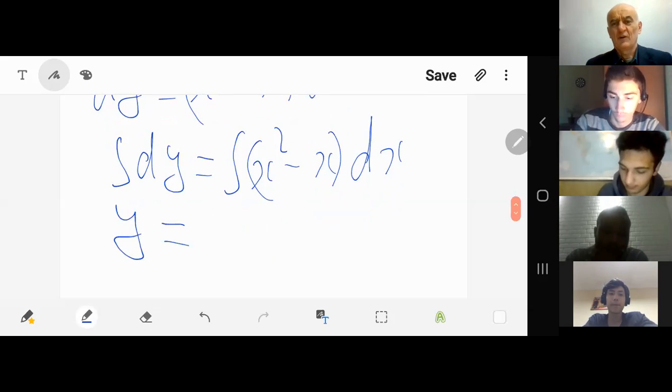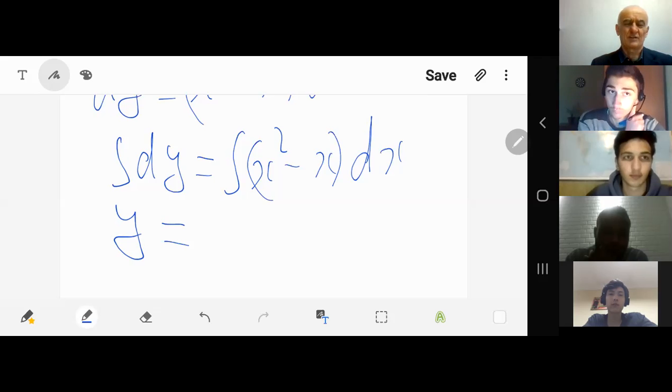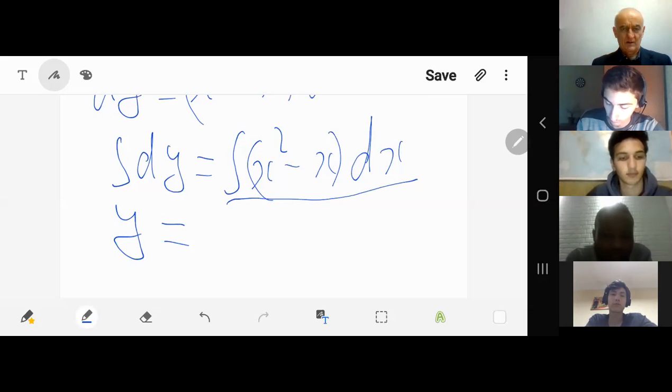As for the integral of this function, x squared minus x, we can write it as two integrals. But sorry, can we take one x out?